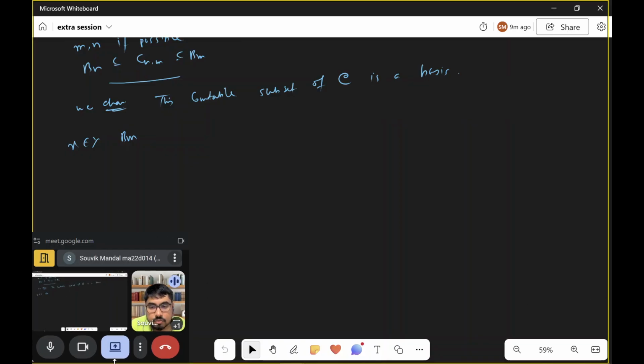So now we are taking B_m, a basis element that contains x.